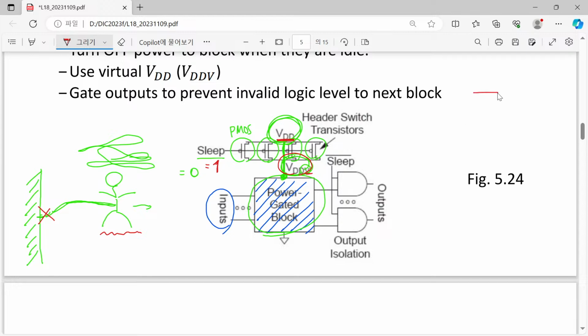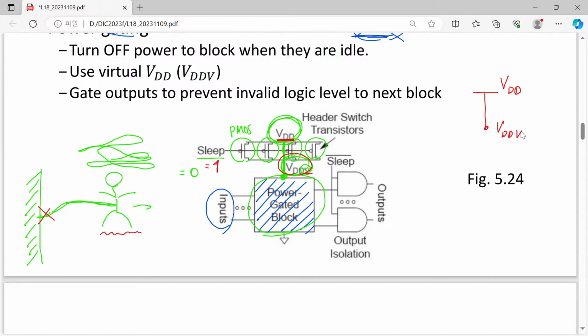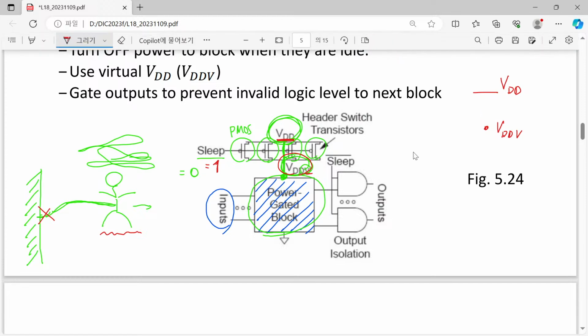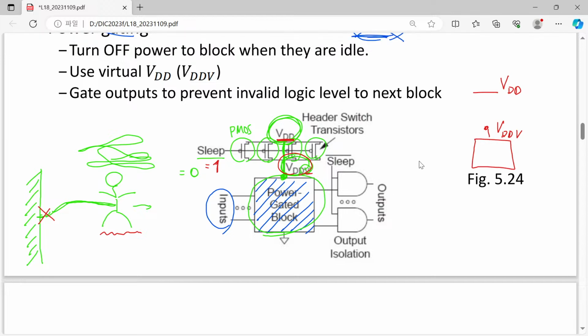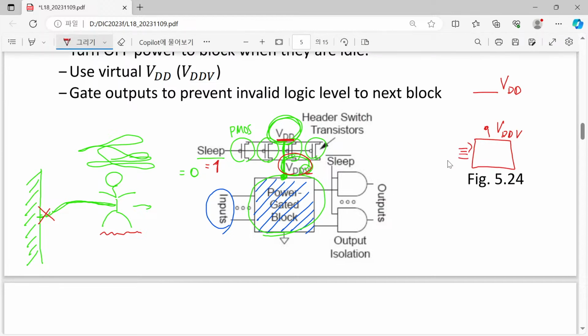So previously we had a strong connection between VDD and this virtual VDD. However, now when sleep is 1, this VDD cannot drive our block shown here, and we have many input signals. Then what will happen?